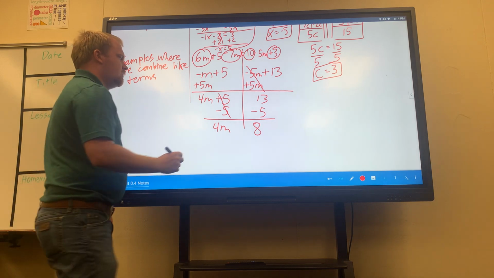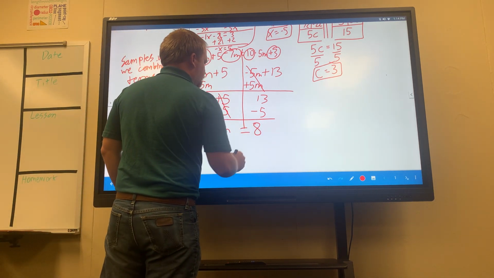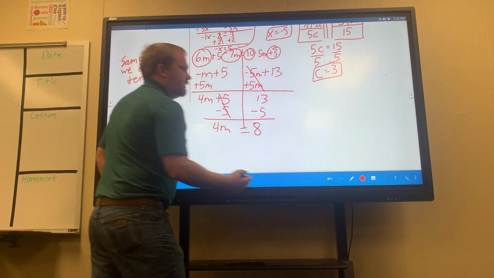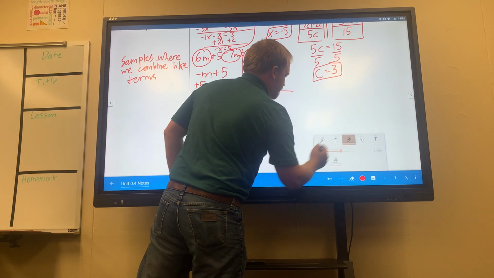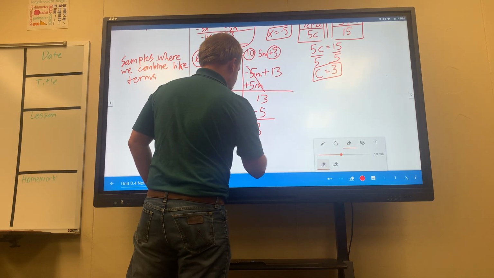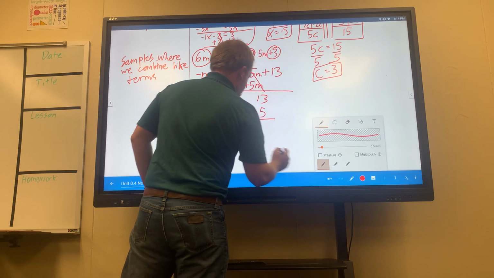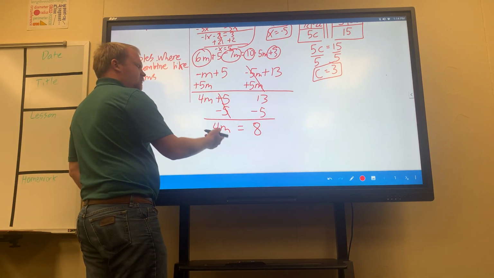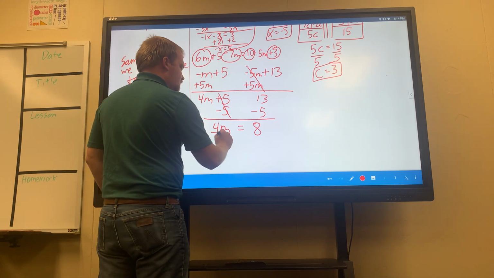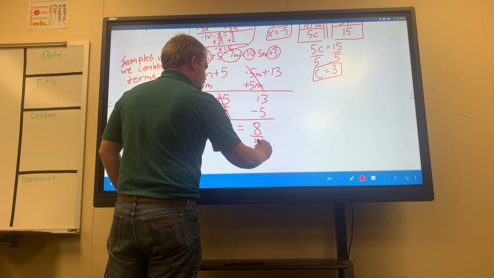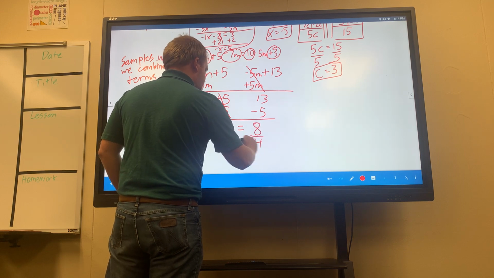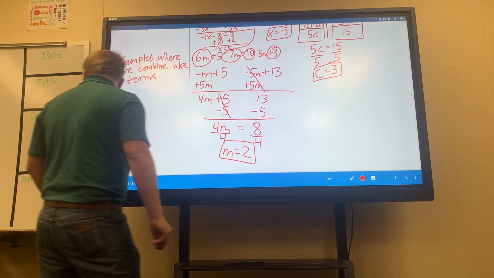And since they're equal to each other, I'm just going to erase that line. Really all I have to do, since it's multiplying, is divide. So m equals 8 divided by 4, which is 2. Okay?